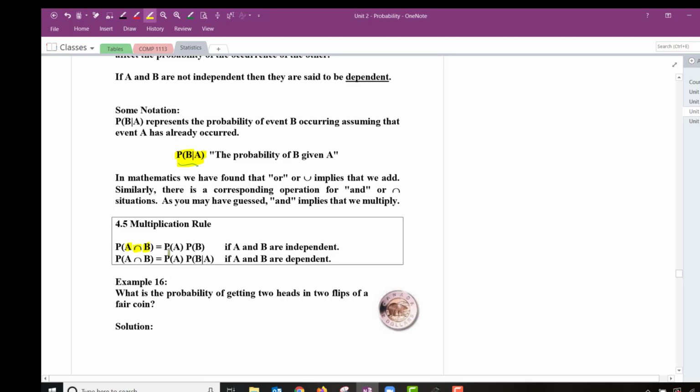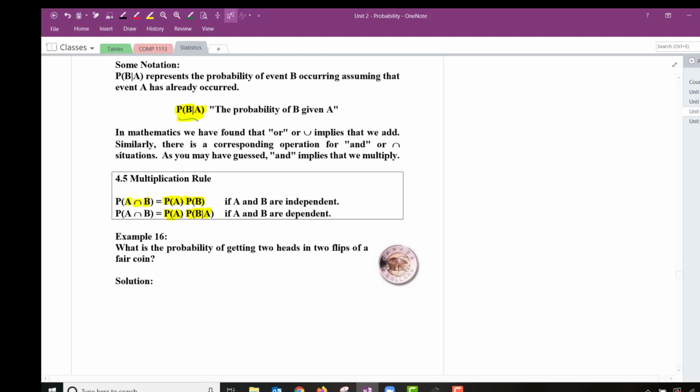If you have independence, you just take the probability of A times the probability of B. If you have dependence, you find the probability of the first thing happening and then multiply it by the probability that the second thing happens, given that you know the results of the first. That doesn't mean a division in there, it just means given.